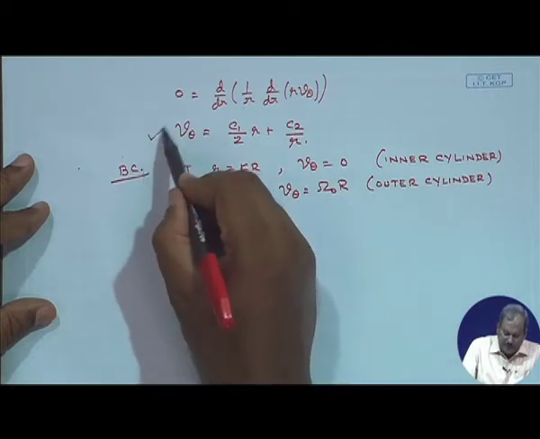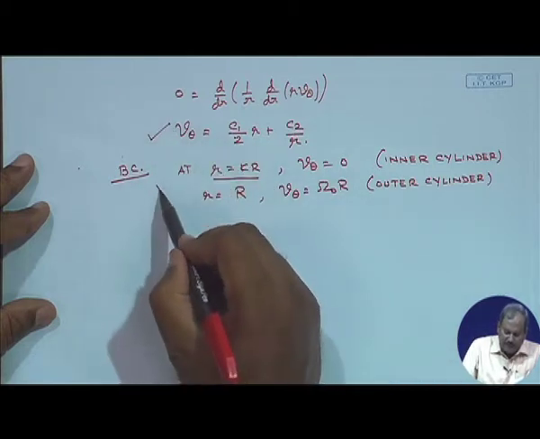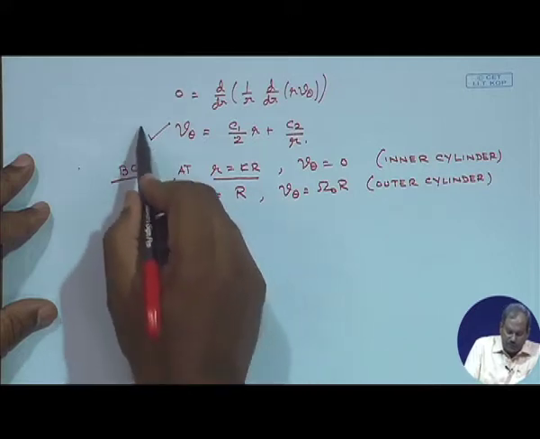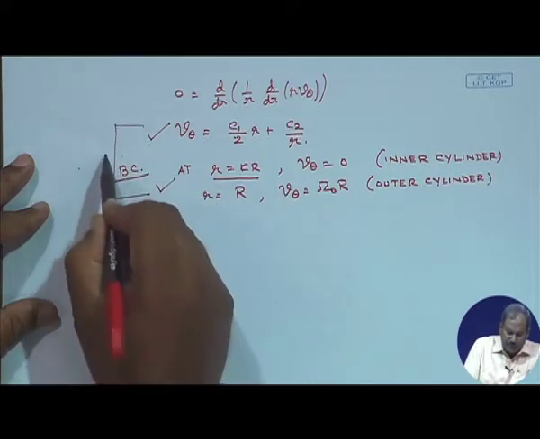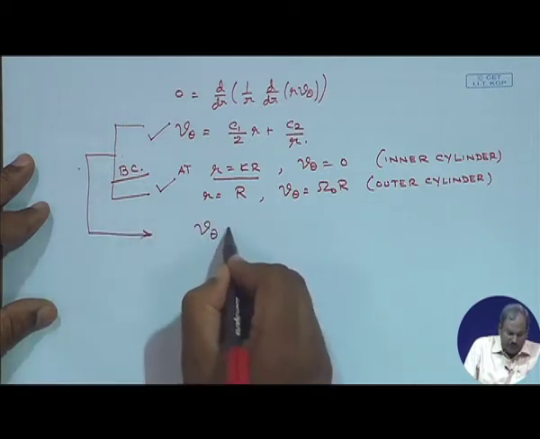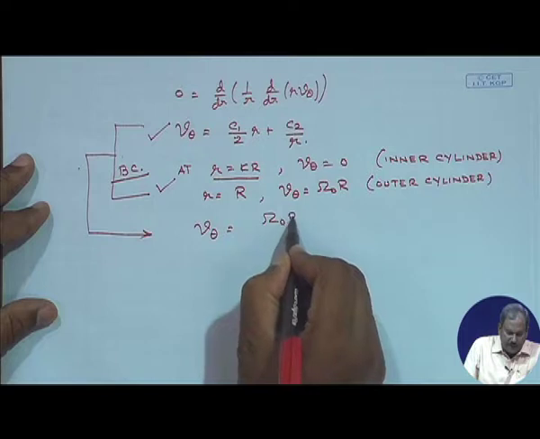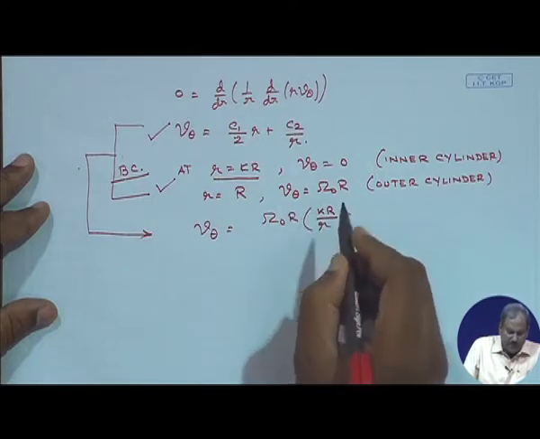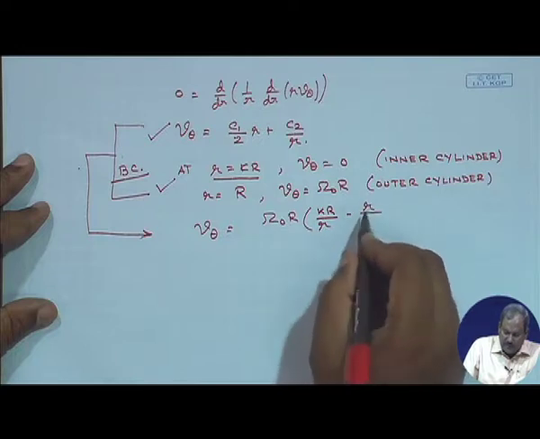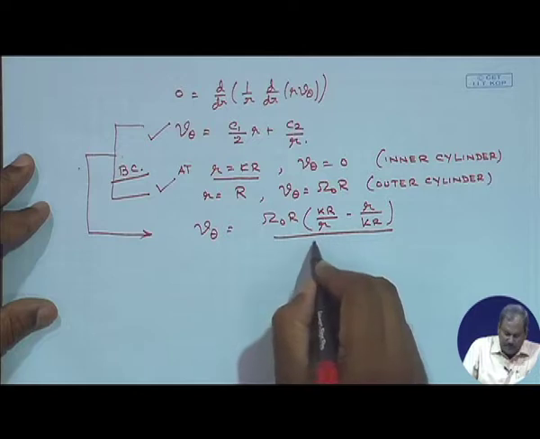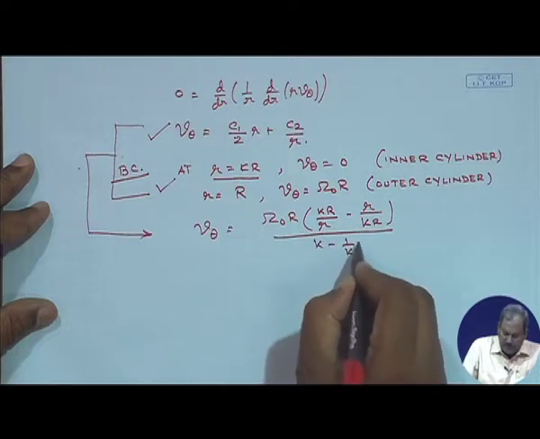So when you put the expression for velocity and the boundary conditions together, you obtain the expression of v_theta to be omega naught R times (kappa R/r minus r/(kappa R)) divided by (kappa minus 1/kappa).